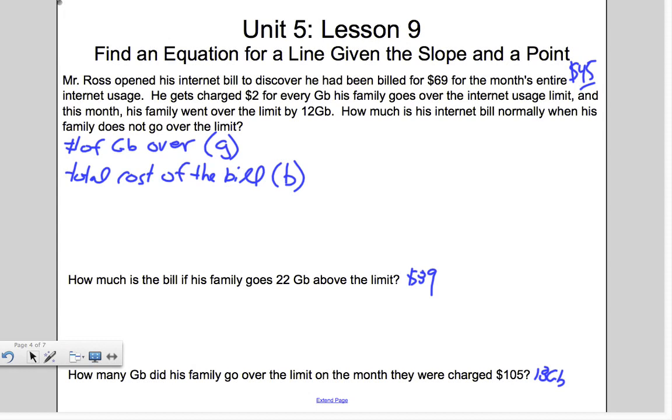So we start our equation by saying our dependent variable is equal to something happening based on our independent variable.